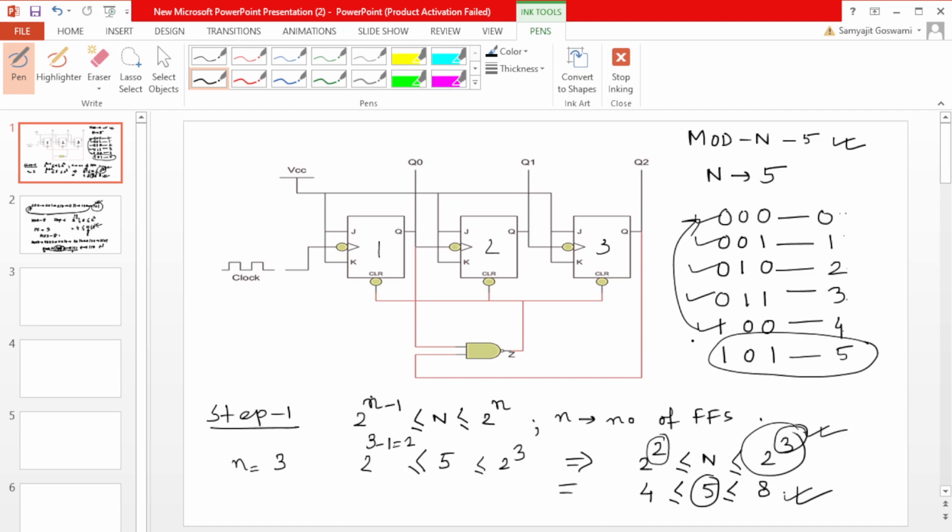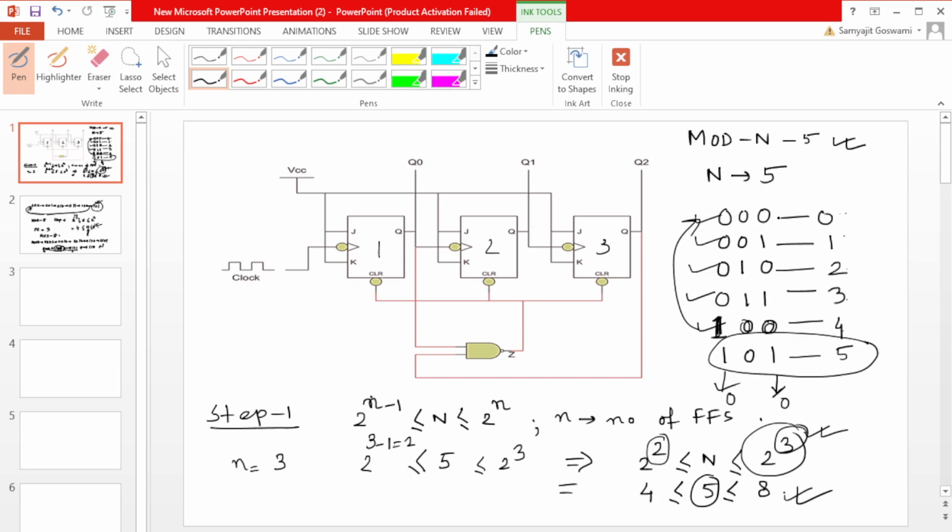After the fourth number, it would again come to 101, but you can see that if bit number 1 and bit number 3 are 0 and 0, then definitely it will go to 0. That means we have to design in such a way that this 1 will be 0 and this one also will be 0.